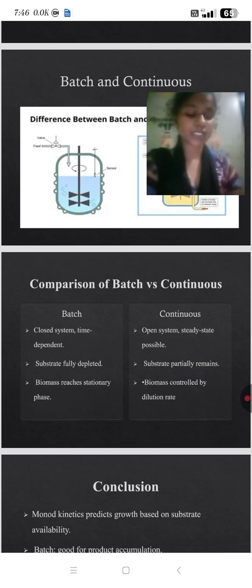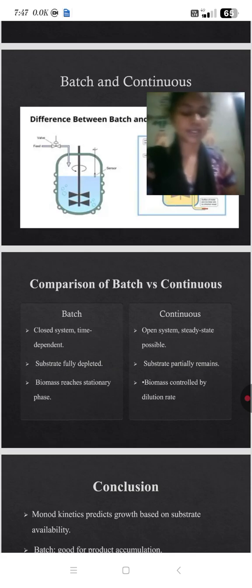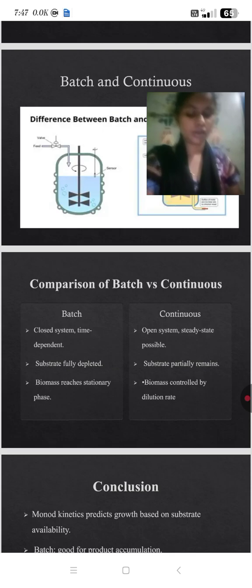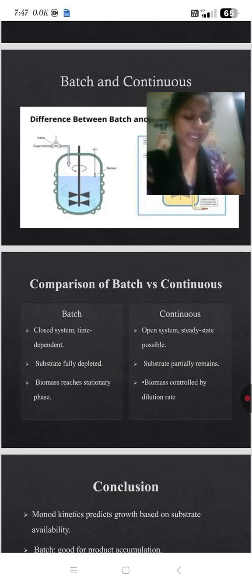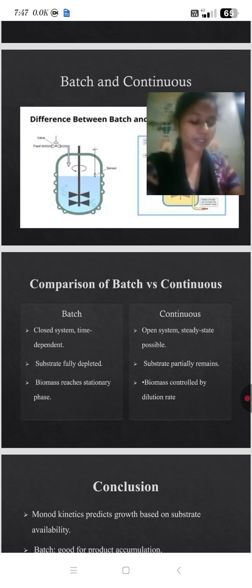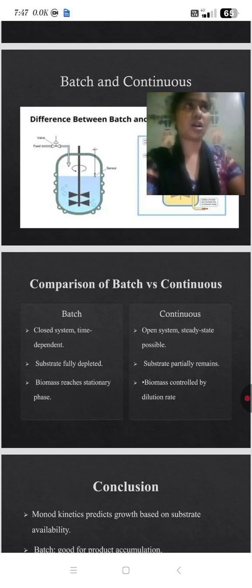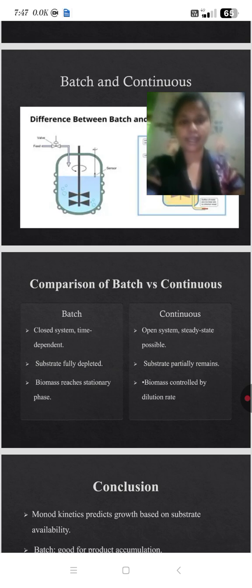In batch, the process starts once and finishes once, like baking a cake. Continuous is like a flowing system, constant feeding and harvesting, like a running fountain.